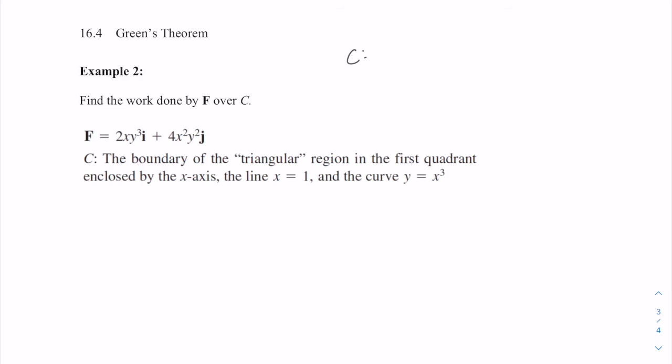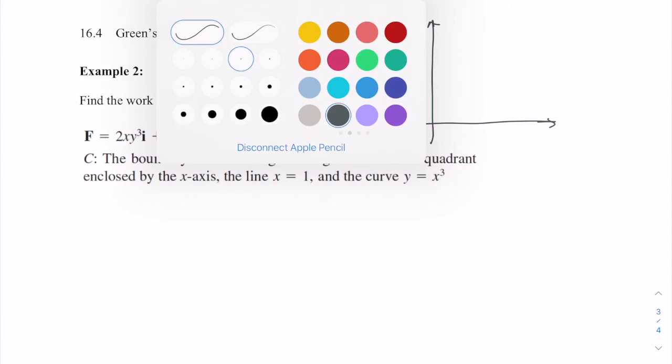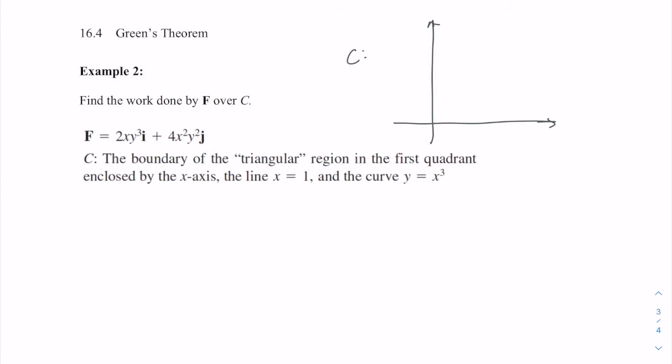So the path of integration is going to be in the first quadrant, and it looks like, let me pick some colors. So it's bounded below by the x-axis, the line x equals 1, which would be something like this.